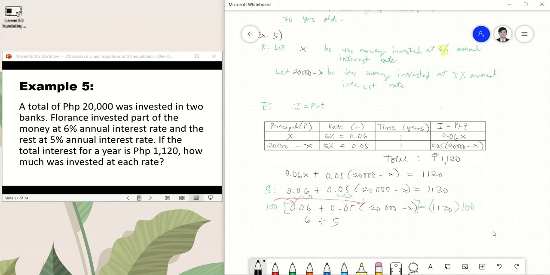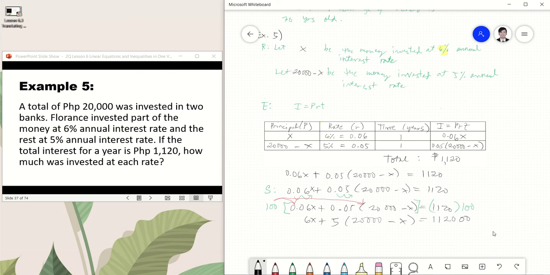So 5 times the quantity of 20,000 minus x. Okay, let's not forget, meron palang x dito. And then, sa right side ng ating equation, 1,120 times 100, dadagdagan lang natin siya ng dalawang 0. So, magiging 112,000.